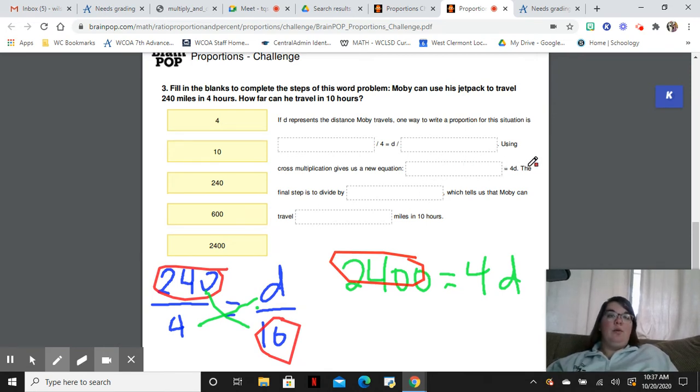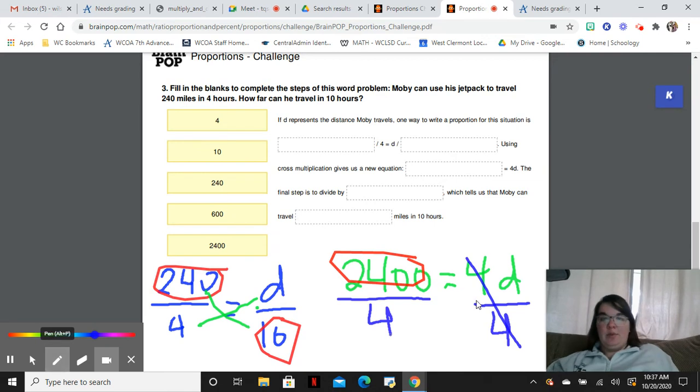Okay. Then it says the final step is to divide by blank. So we look at this, and if we're solving the proportion, we need to divide both sides by 4. So we're going to go boom, boom, because it'll get rid of the 4s. And we divide over here by 4.